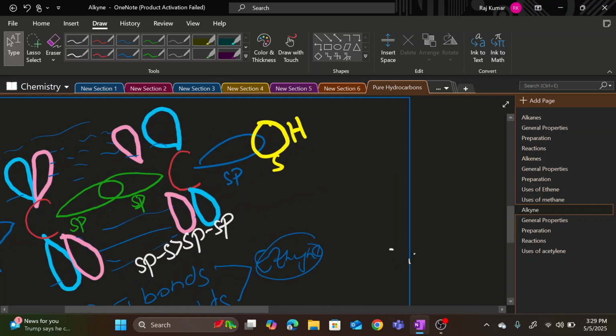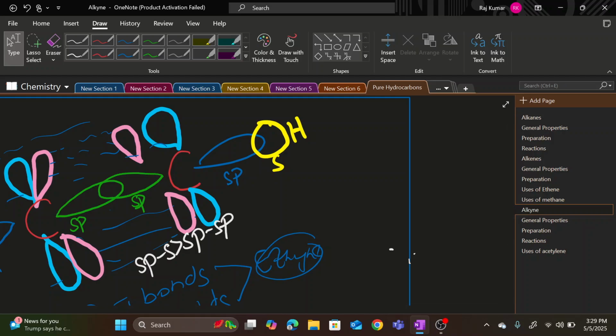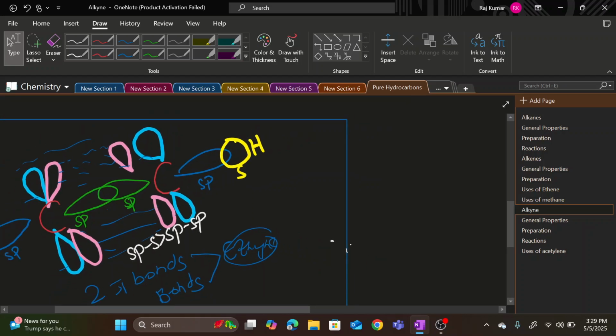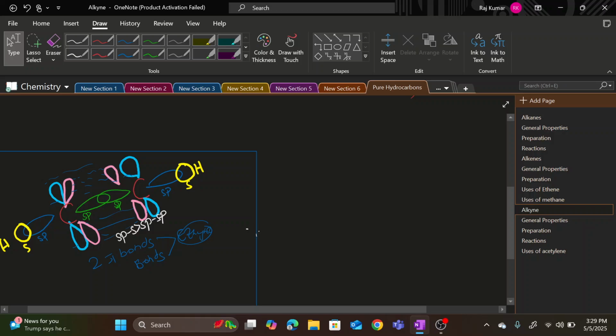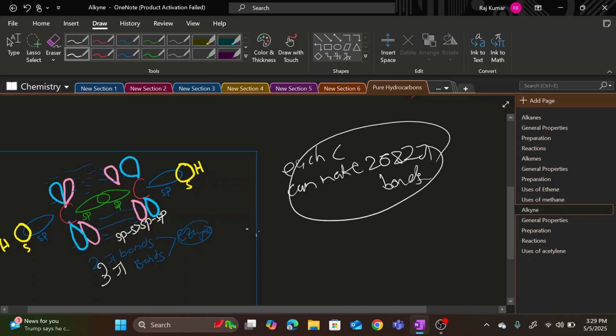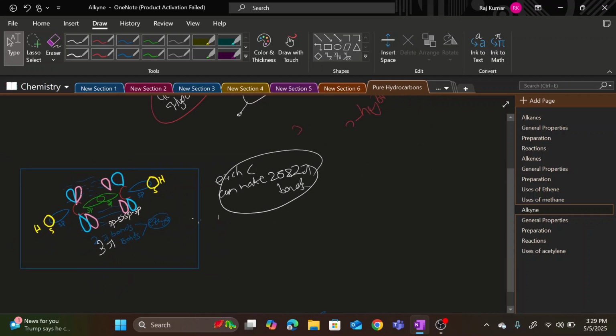Each carbon atom has the capability to form two sigma bonds and two pi bonds. Each carbon can make two sigma and two pi bonds. Alright. So now let's move on to the general properties.